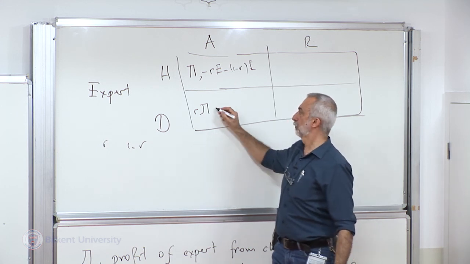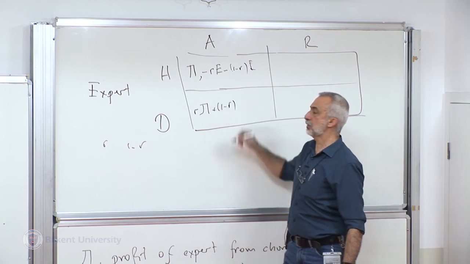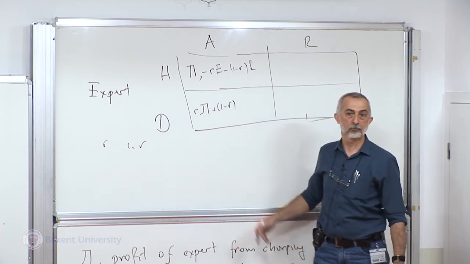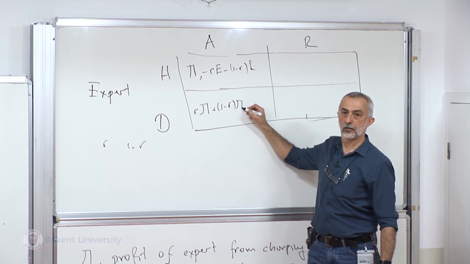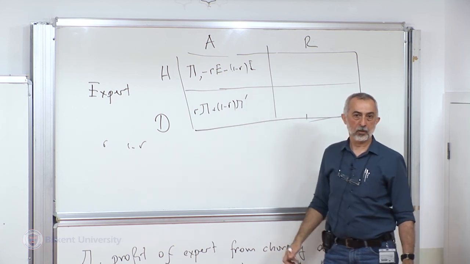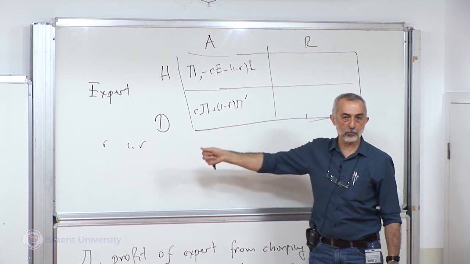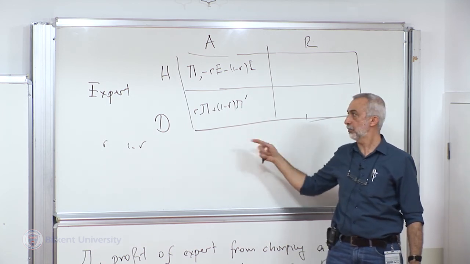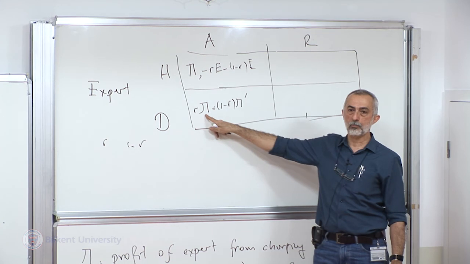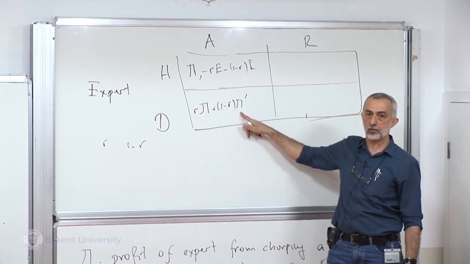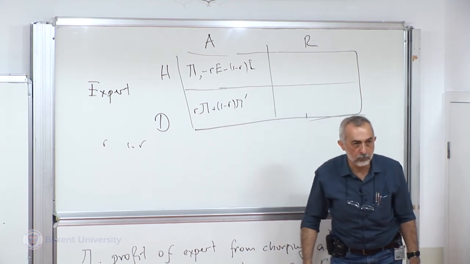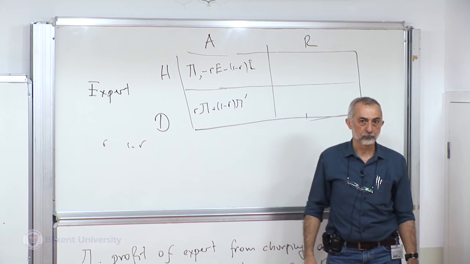So with probability 1 minus r, his profit is going to be pi prime, because if he charges a major problem fee for a minor problem, his profit is no longer pi but a larger profit, pi prime. So far, so good?